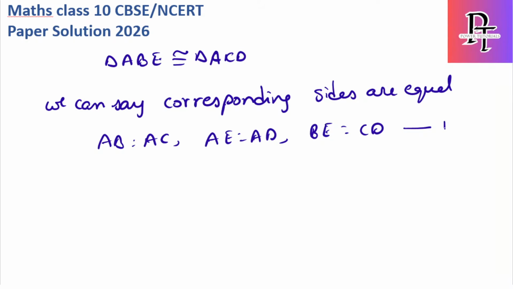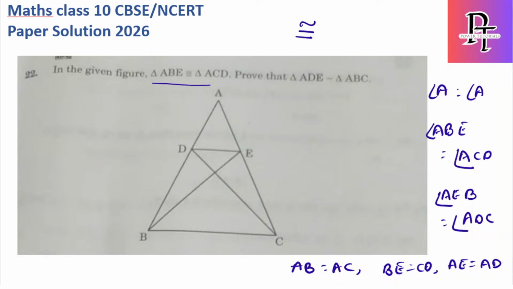So let's mark it as 1, because we have to use it to prove our question, given triangles are similar. Okay, what are the triangles they are asking?